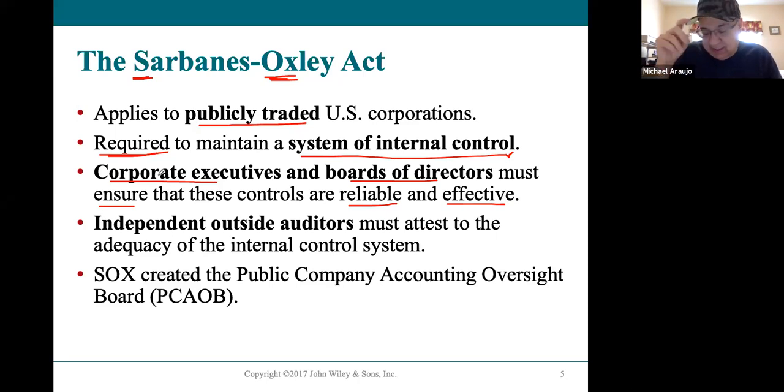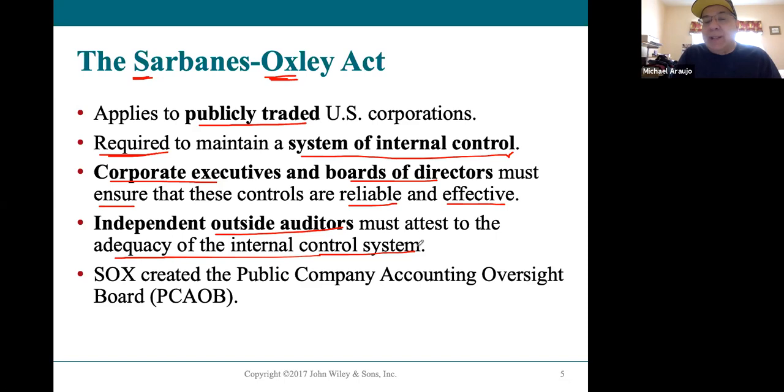Companies are required to hire an outside accounting firm, called an outside auditor, to come in and see if they're doing a bunch of things right, including following the rules of generally accepted accounting principles, and that they have an internal control system in place that is adequate in protecting the assets of the company, particularly those that are most vulnerable, like cash.